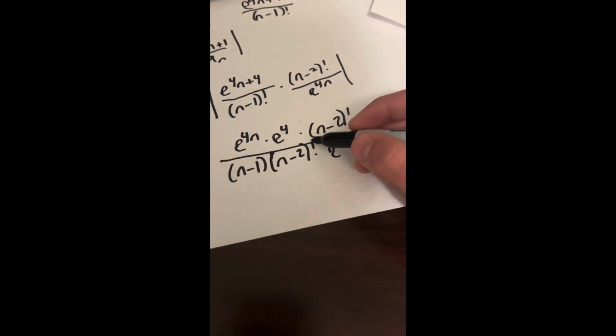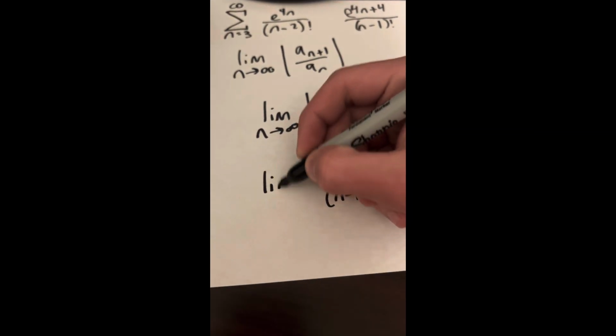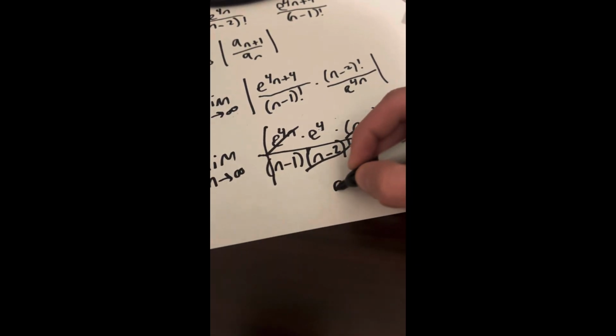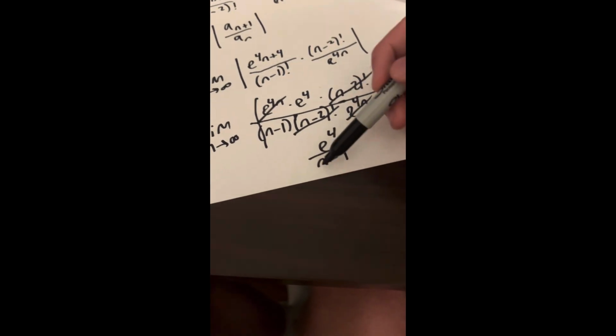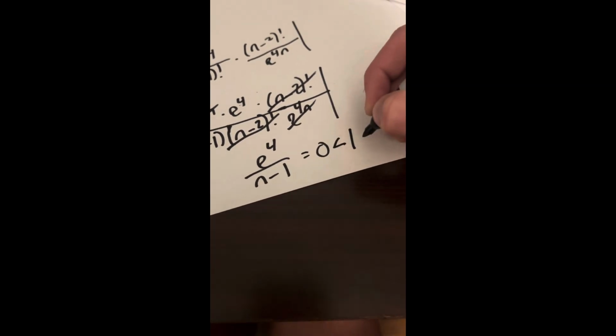So what we can do is cross these out, and remember we're taking the limit of all this, and it has the absolute value bars. So now all we have left is just e to the 4th over n minus 1, and still with the limit. And as we take the limit as n goes to infinity here, the power is bigger on the bottom, so that's going to equal 0. And since 0 is less than 1, this series converges by the ratio test.